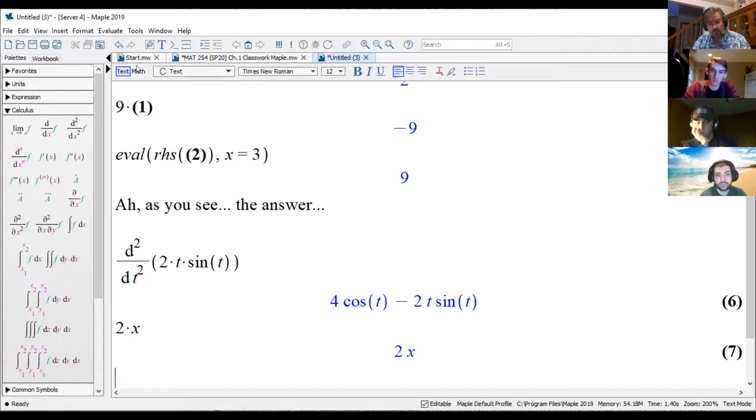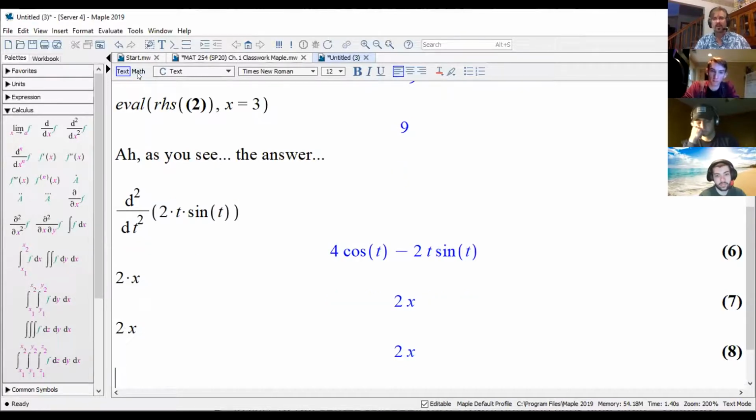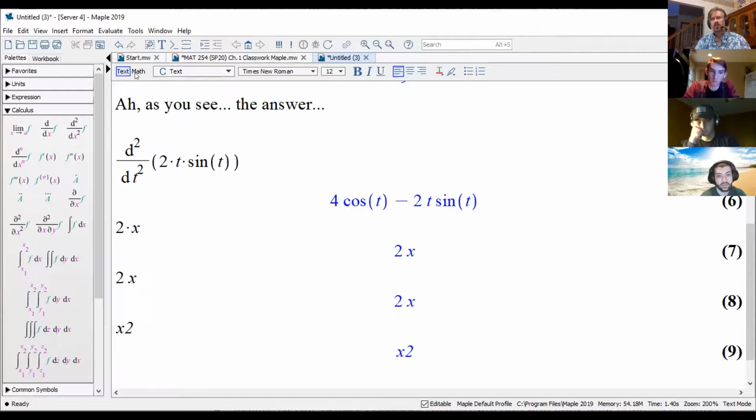But if I do 2x, did it again, hold on, switch over to math. If I do 2x, Maple sees that as 2 times x. But if I do x times 2, like that, Maple doesn't see it as an operation. It sees it as a variable, a parameter that I'm naming. Yeah, so it's one of those things where it's quirky, but once you learn the grammar of how to communicate with Maple, you'll be much better off, right?